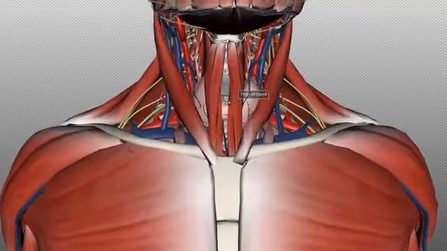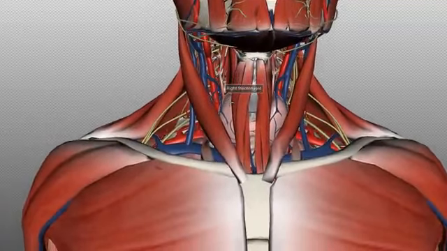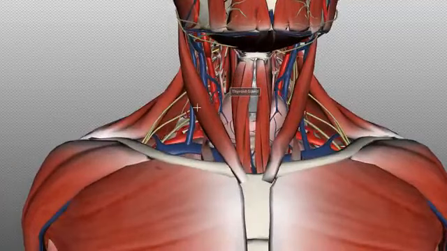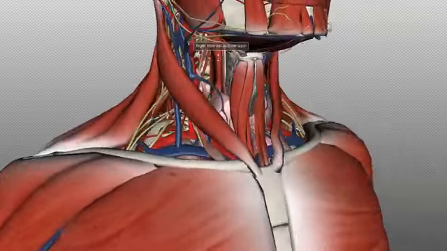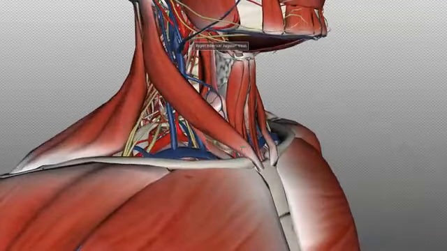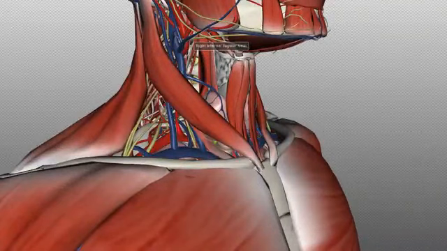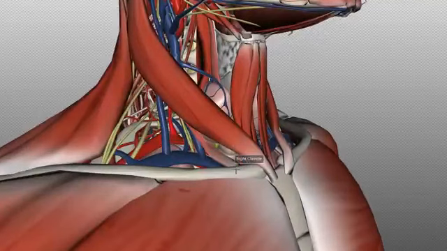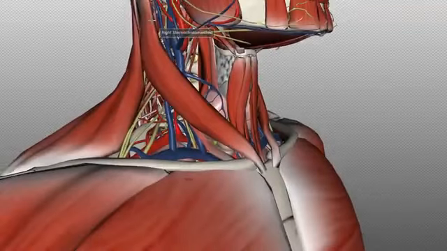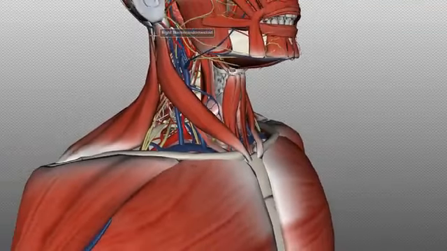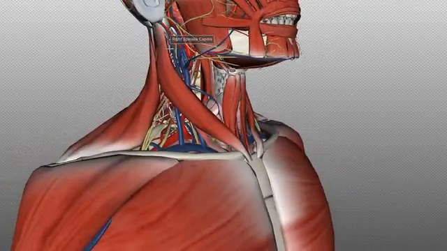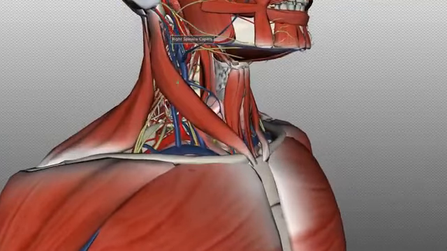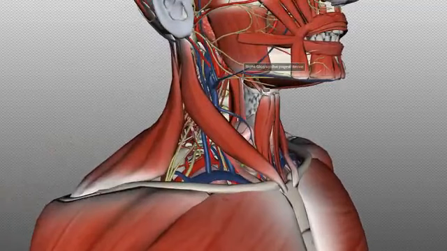If I just zoom in a little bit more, I've got rid of the platysma muscle, which lies in the superficial fascia, and then you can see this big muscle here, which runs from the mastoid process down to attach onto the sternum and also onto the clavicle. So it's got two attachments, a sternal and a clavicular attachment, and it's also attached to the mastoid process up here. So this is the sternocleidomastoid muscle, named because of its attachments.